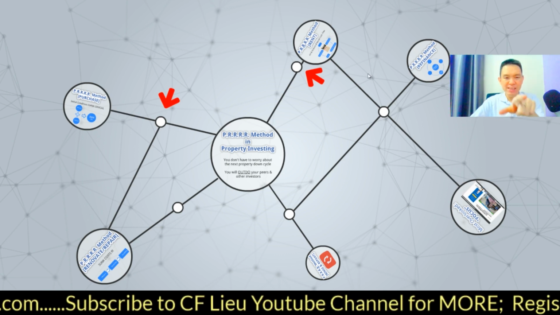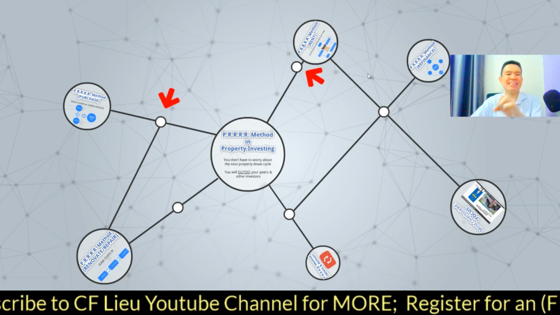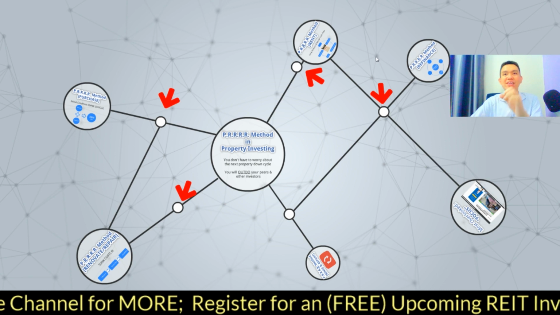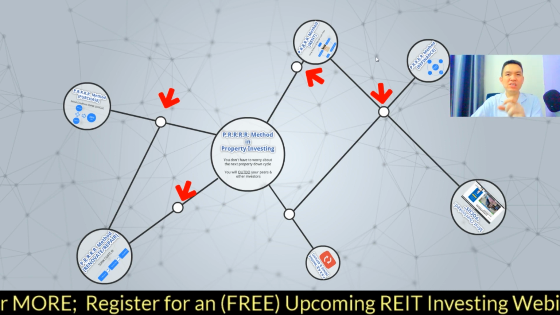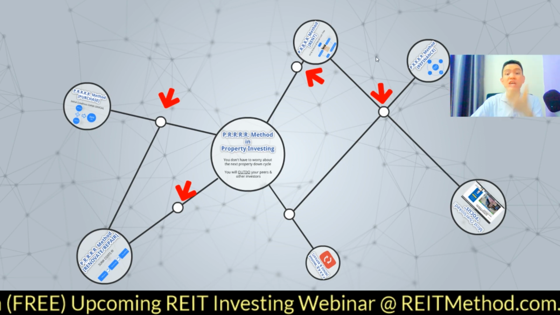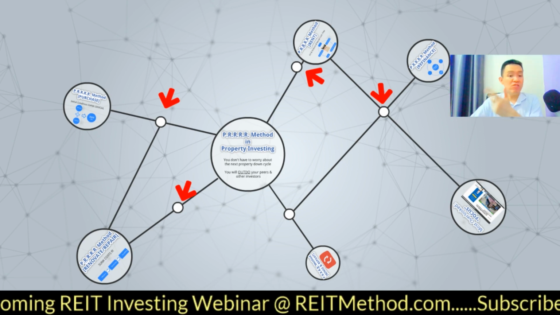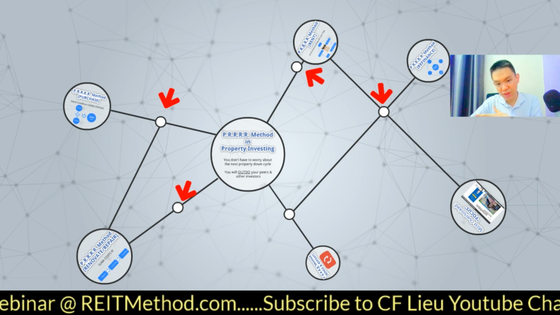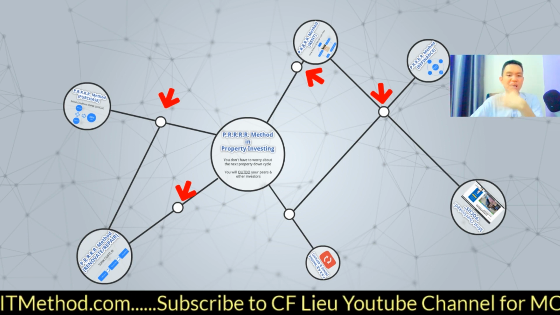Then there is this small little circle attached to every one of these, because there are external factors that we cannot control when it comes to property investing during the purchase, renting, refinancing, and renovation, and even on repeating the entire process.